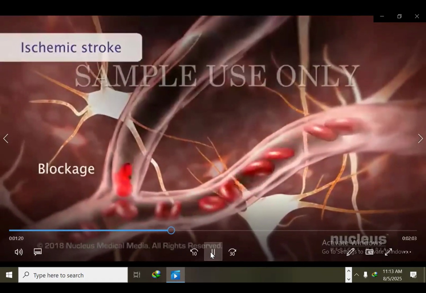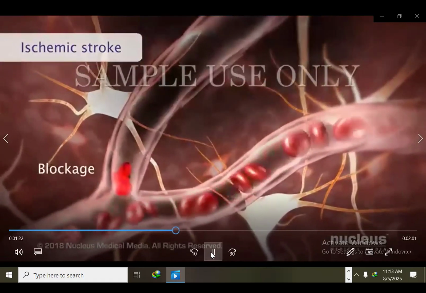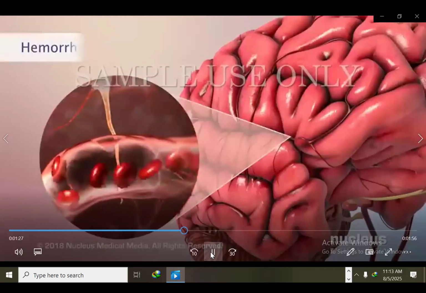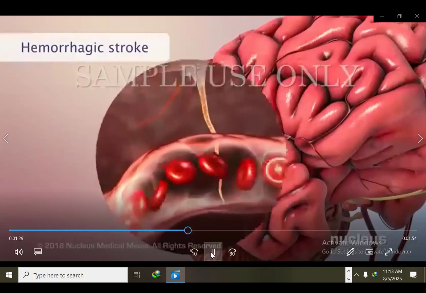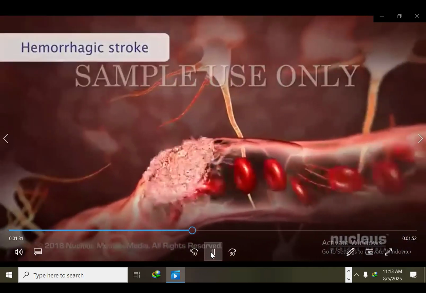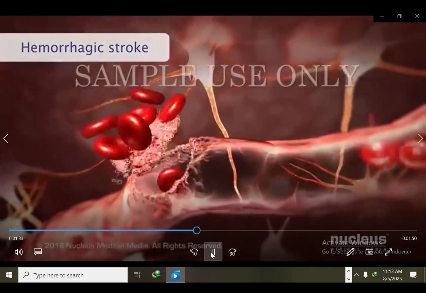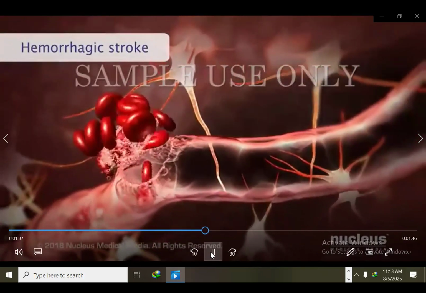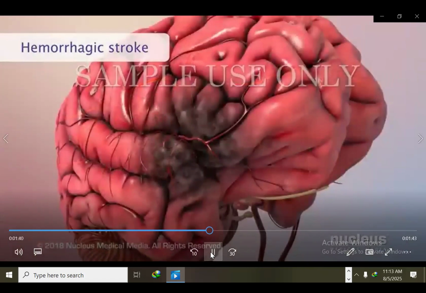The cells start to die within minutes. A less common type of stroke is called a hemorrhagic stroke. It occurs when a weakened blood vessel breaks open and leaks blood into the brain. This blocks blood flow to the brain, and the leaking blood puts pressure on the brain tissue, which damages it.